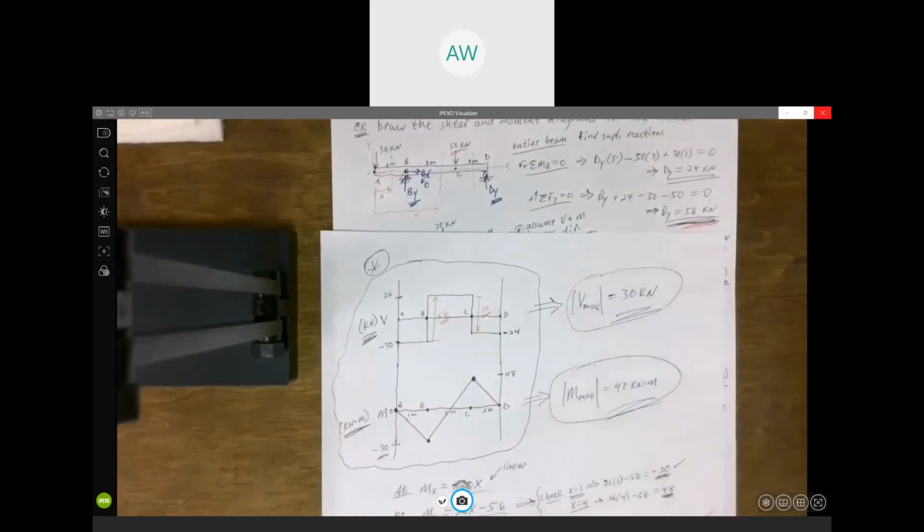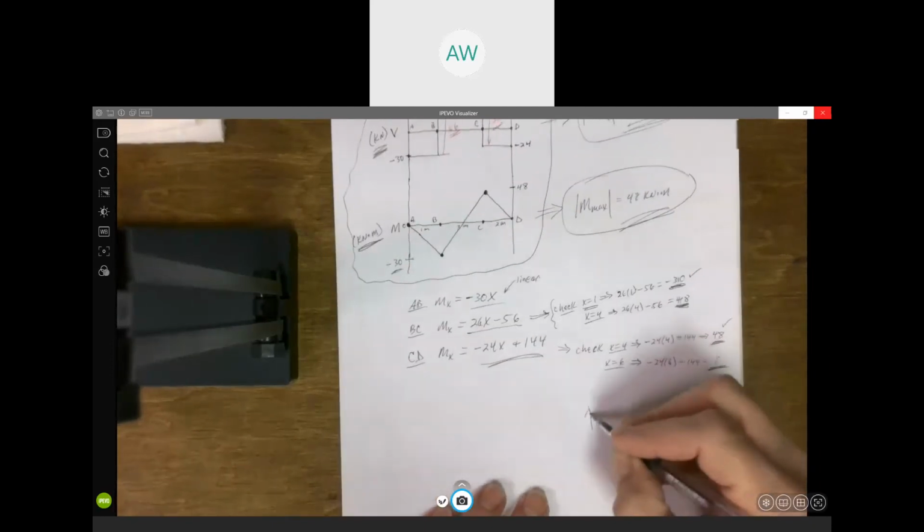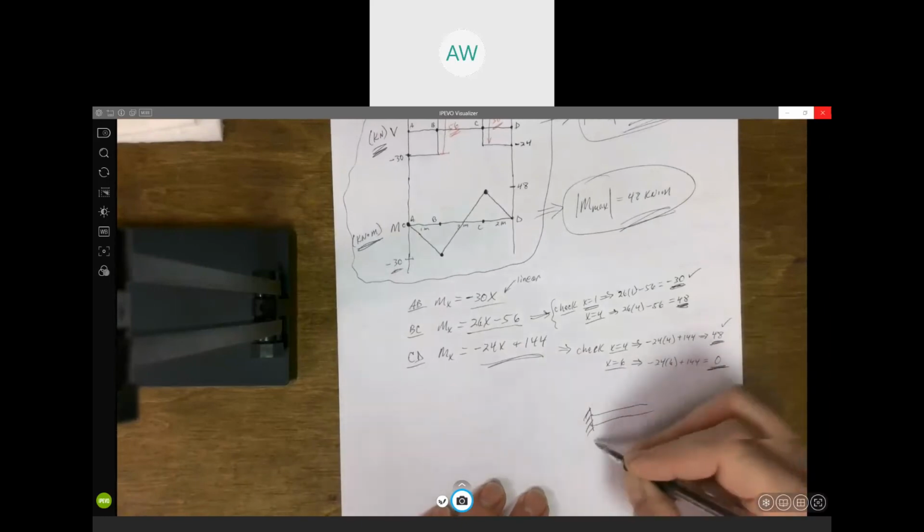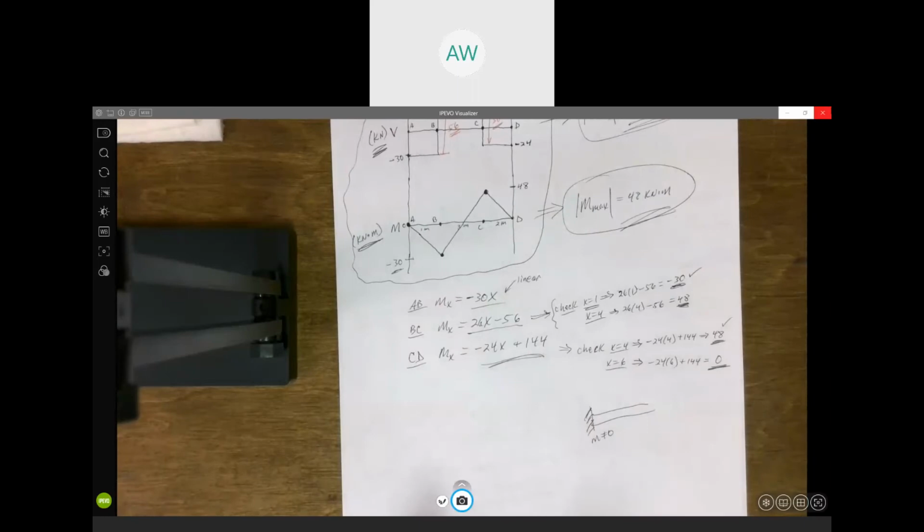And at that free end, the moment's going to be zero. Typically, unless you have a fixed support, like a cantilever beam, where you got a fixed support here, the moment's not going to be zero there at that end.